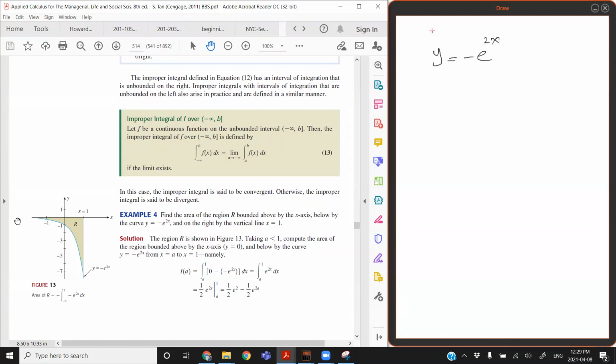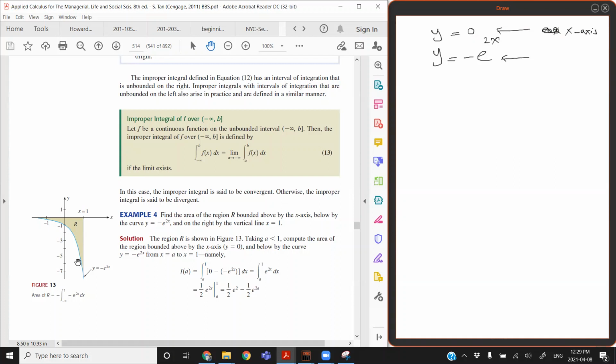You can think of the function y equals 0, which is basically the x-axis, and this function, which is the blue curve here, and you're looking for the area between these two functions from negative infinity to 1.